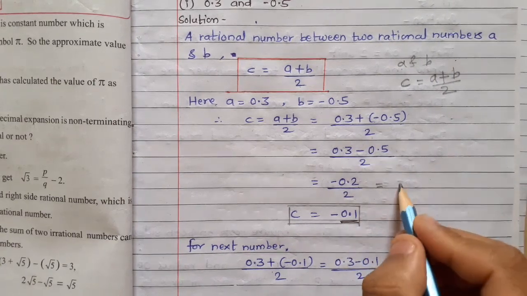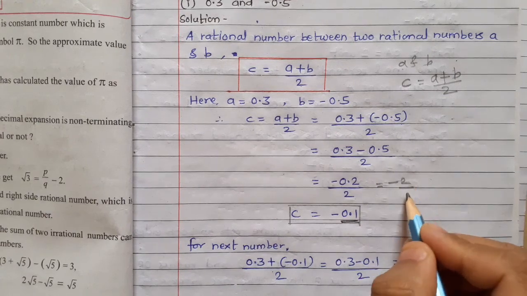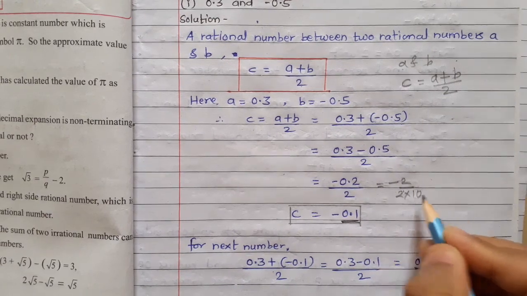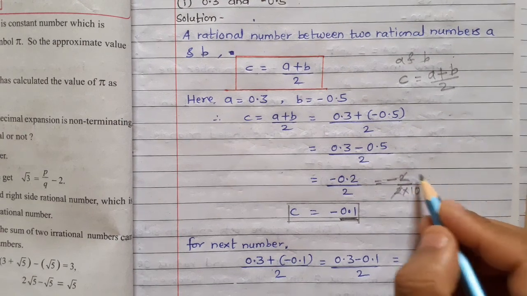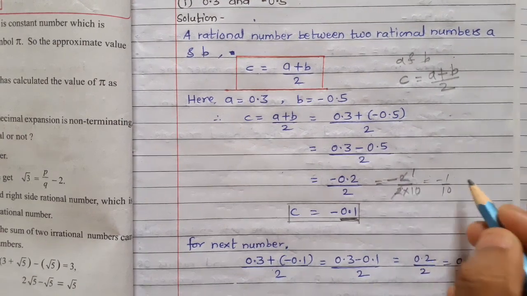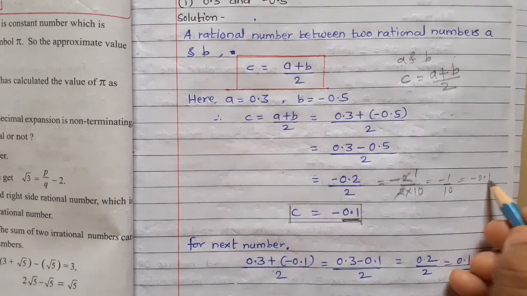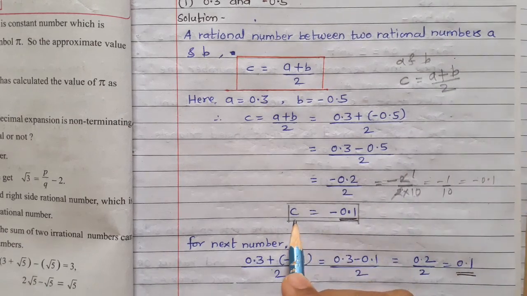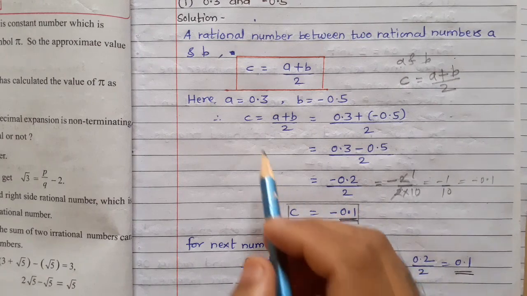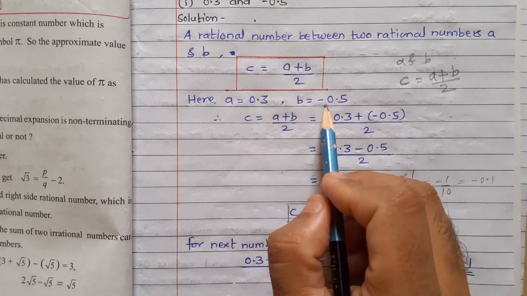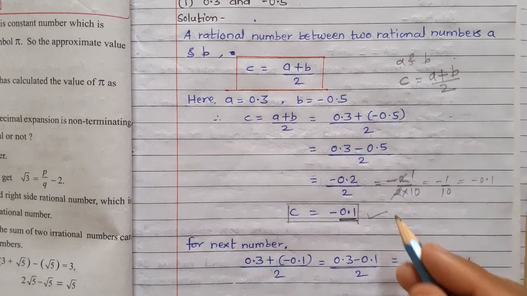For this we can solve minus 2 upon 2 into 10. 2 1s are 1, 2 1s are 1, it cancels. Here minus 1 upon 10, we can write minus 0.1. So we are having the number C is equal to minus 0.1, which is in between 0.3 and minus 0.5. This is the first number.